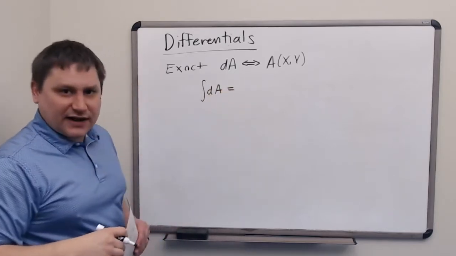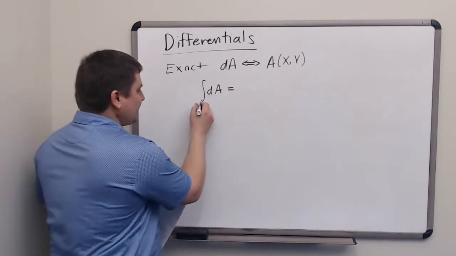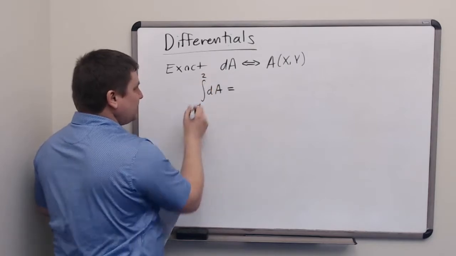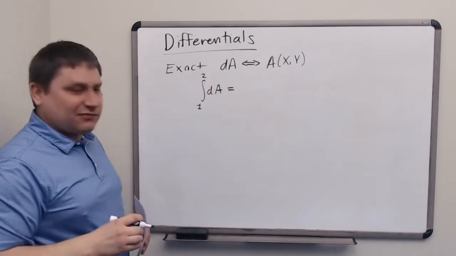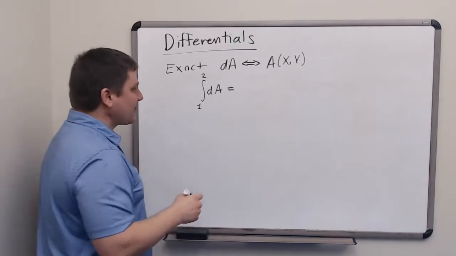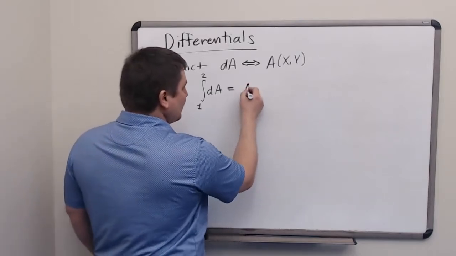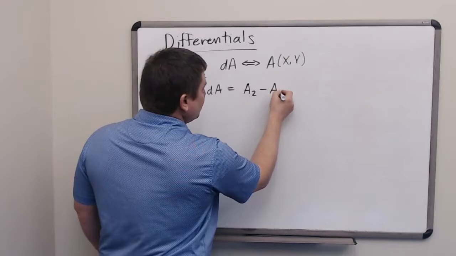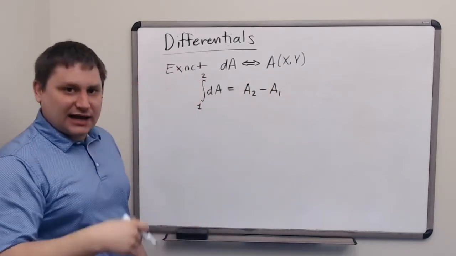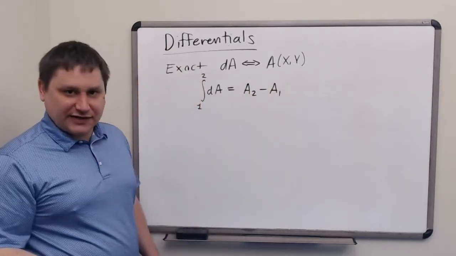So when we integrate from some initial condition 1 to some final condition 2, small changes in the quantity A, what we're actually doing is we're ending up with the difference between the function at the final state minus the initial state.